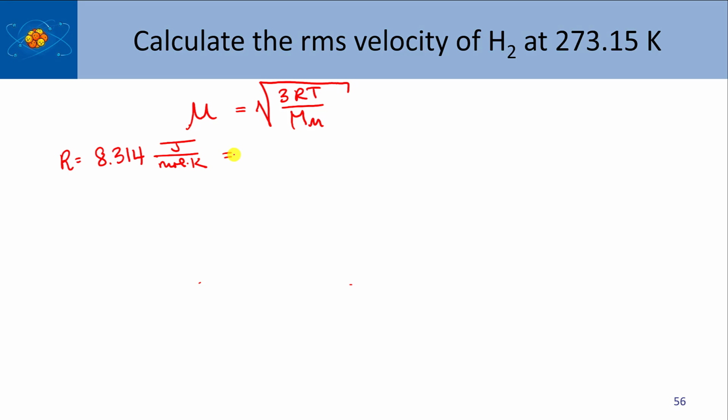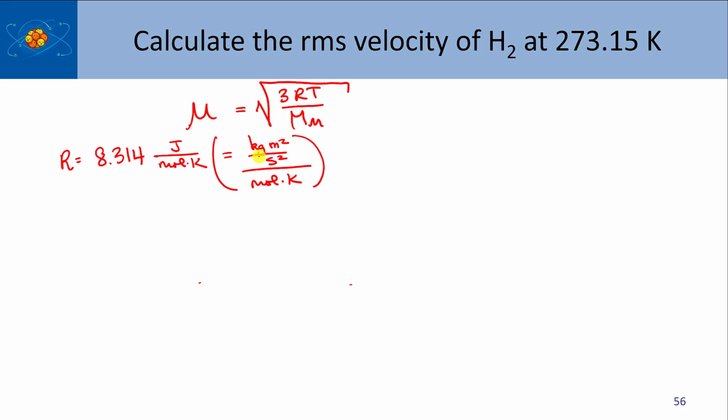Now, a joule is actually composed of other units: a kilogram meter squared per second squared, over moles times Kelvin. Why is it important that I write that out? Because you have to realize that the mass unit in your molar mass needs to be in kilograms.